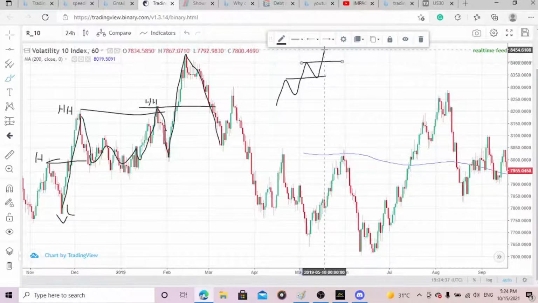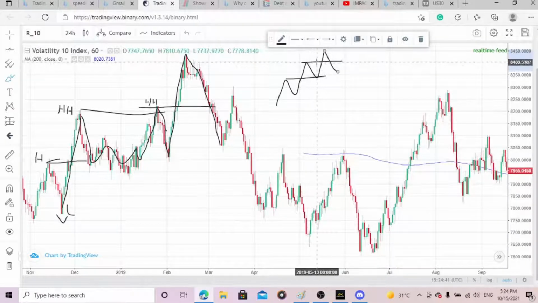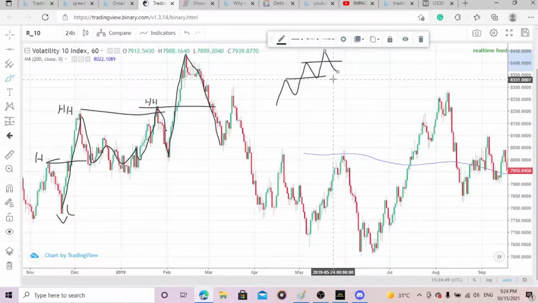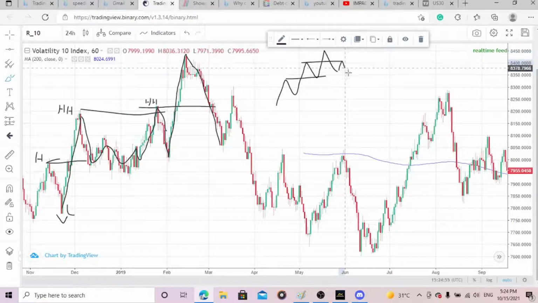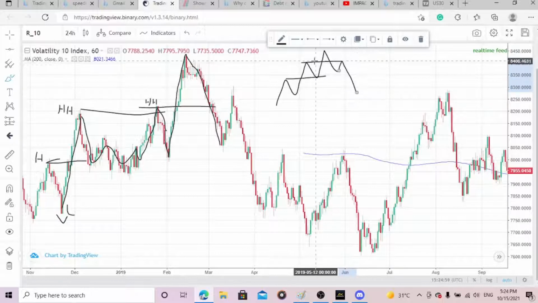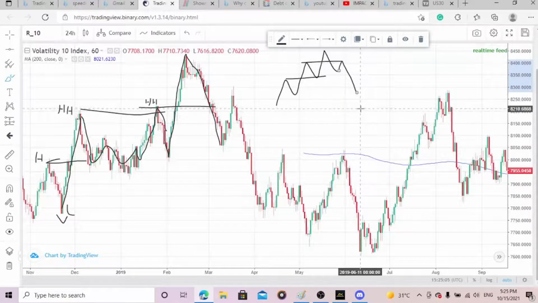So usually when the market comes back and does not respect the structure here, does not reverse from it, it is a sign of a reversal. Okay, so that shows that the market is going to reverse. The market will not respect this, will come below, come back to retest, and then go downwards.